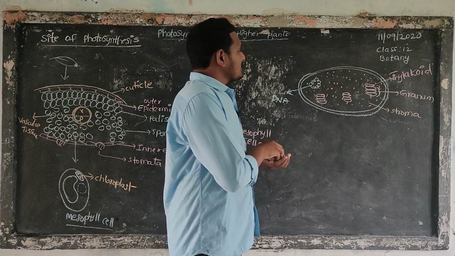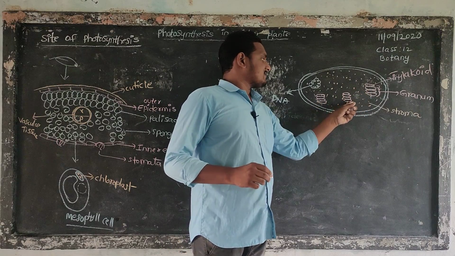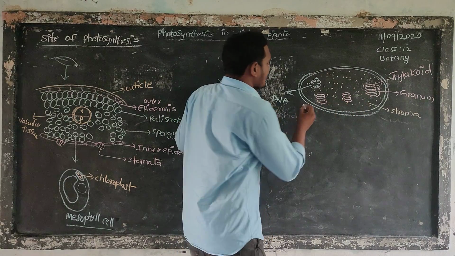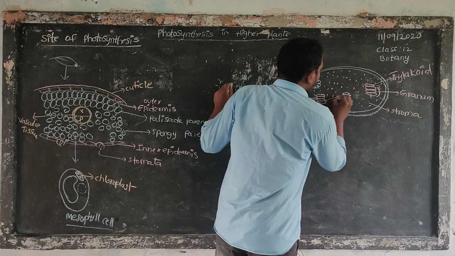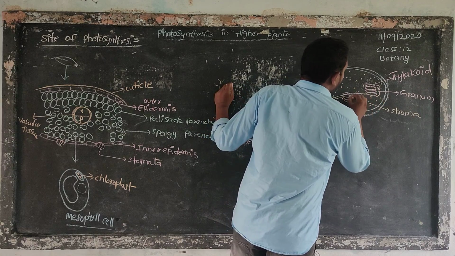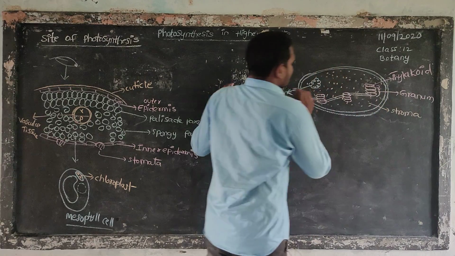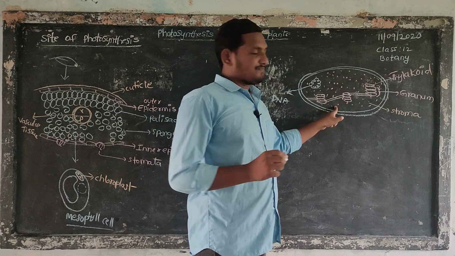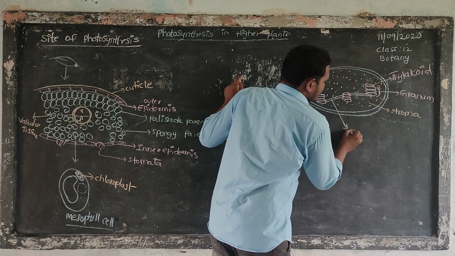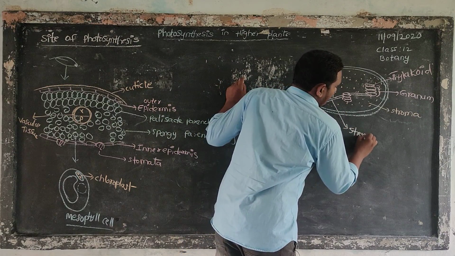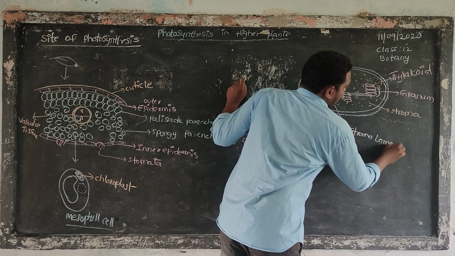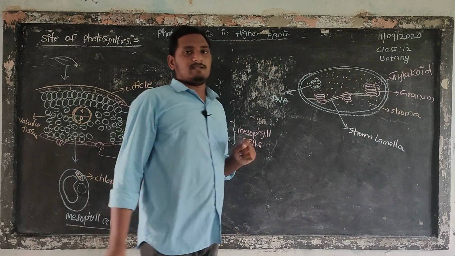Next, these grana, granum 1, granum 2, granum 3, are connected by stroma lamella. These are tube-like structures, the stroma lamella.